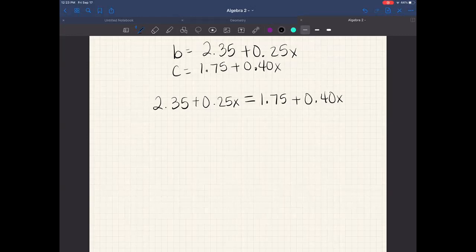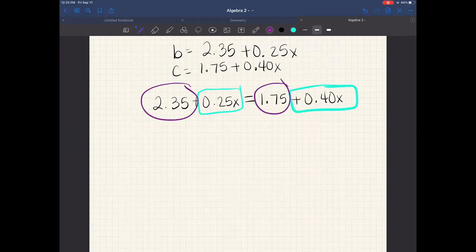We have to figure this out. So what can I do so that my answer is going to stay in there? Combine like terms. Okay, so I want to combine my like terms, which we can agree, here's one set, here's the other set. We've got one that's without an x and one that's with the x.